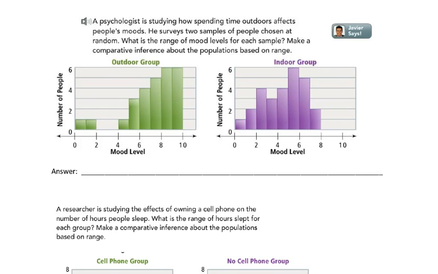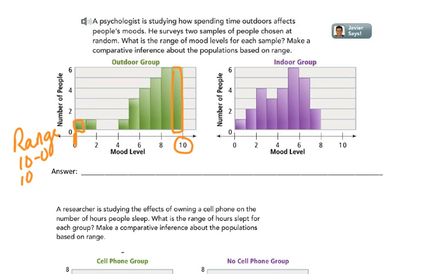So if you find the range of the outdoor group, the biggest number is possibly 10, because it's anywhere from 9 to 10 in this bar here. So this bar is from 9 to 10. And then the least number of people who could have said something is 0, because we have a bar from 0 to 1. So the range is 10 minus 0, which is 10.